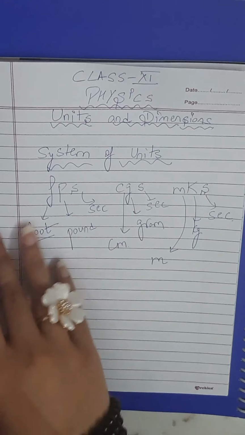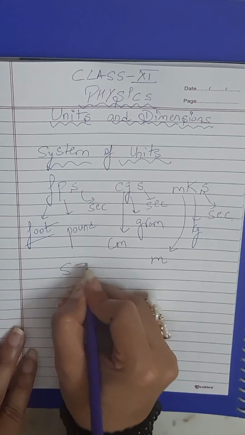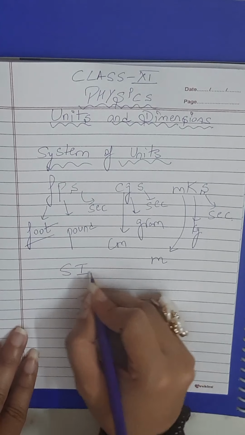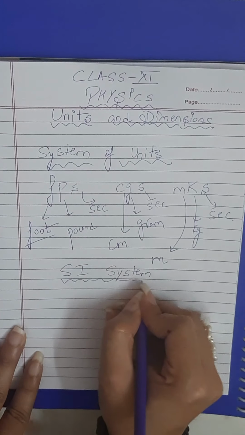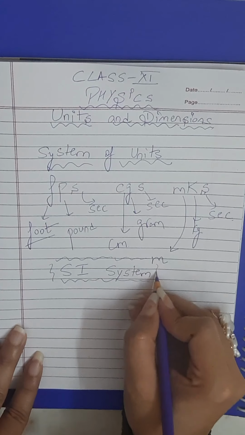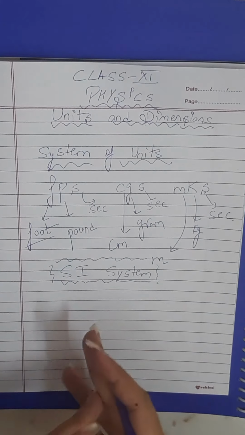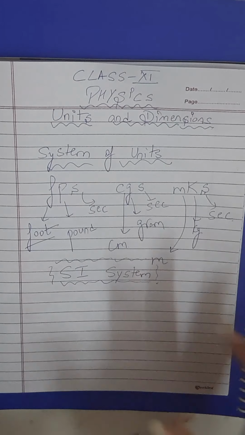So in order to remove all such sort of complications, the system which is being used today is called the SI system, which is the international system, which is accepted everywhere, and for everybody length 1 meter is the same whether you measure it in India or in some other country.